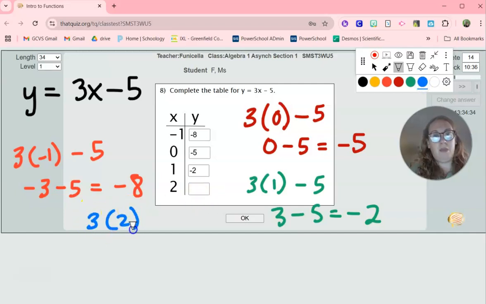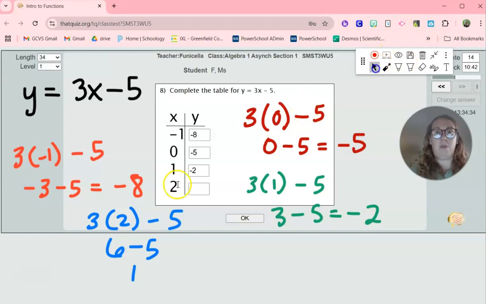So we have 3 times 2 minus 5. 3 times 2 is 6. Minus 5 gets us a 1. So for each of these, we multiplied our input by 3, and then we subtracted 5. Okay. All right, let's do another one. Go ahead and hit OK when you're ready.